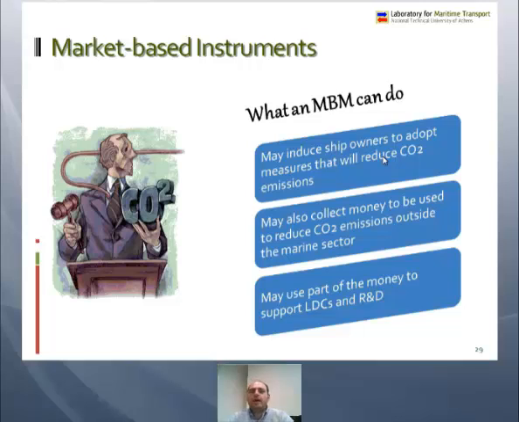For example, we may give money to a wind farm in New Zealand, which is also probably a good idea to reduce emissions, but that's outside of the marine sector. And we may also use part of the money to support the least developed countries and to fund projects on research and development.